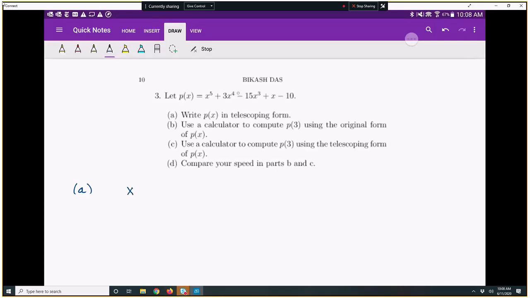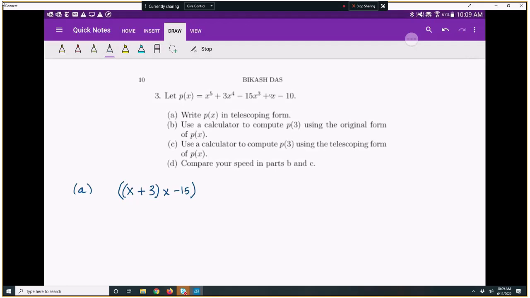And then the next term, x to the power 4, the coefficient is 3, so I'm going to say x plus 3. And then put that in parentheses, and that's going to get multiplied by another x. The next term, the x to the power 3 term, has coefficient minus 15, so I'm going to write minus 15 and close the parentheses.